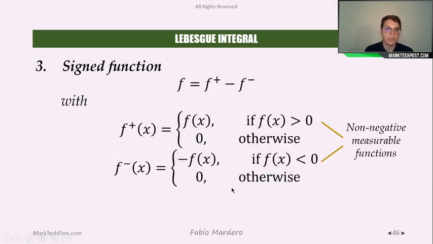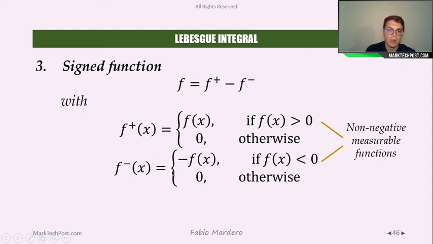Finally, we will define the Lebesgue integral for a signed function. Here, a signed function could be written as a positive part and a negative part, in which the positive part f plus is equal to f of x if in this particular x we get that f of x is greater than 0, and then f plus is 0 otherwise.